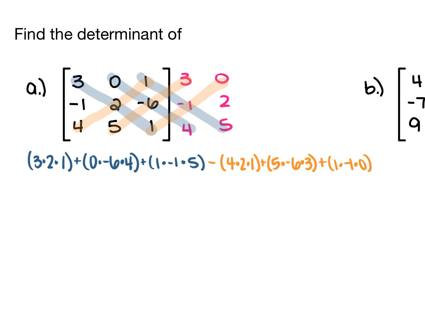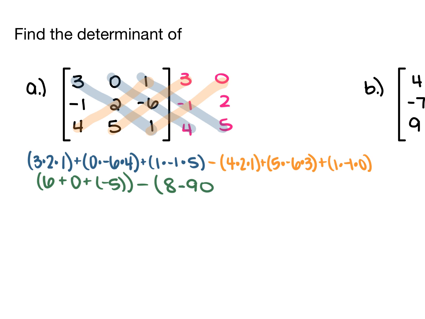That 3 times 2 times 1 is 6. The 0 times negative 6 times 4 is 0. The 1 times negative 1 times 5 is negative 5. Then you have that subtracted with 4 times 2 times 1, which is 8. 5 times negative 6 is negative 30. Times 3 is negative 90.